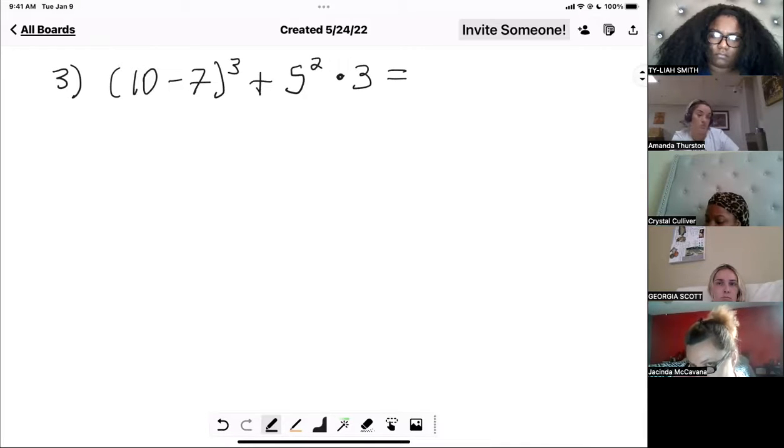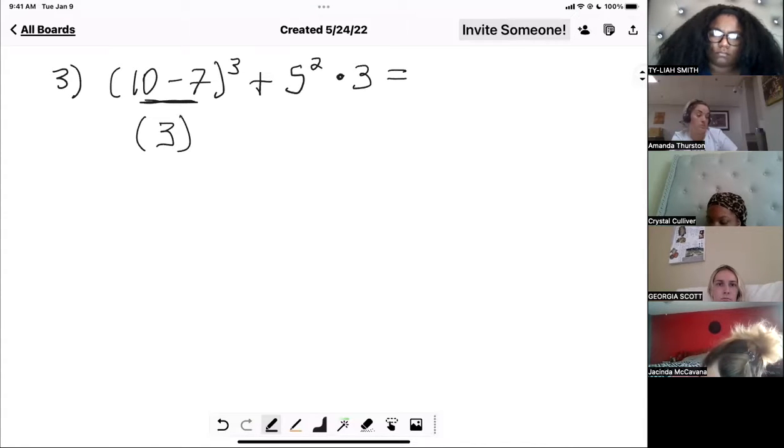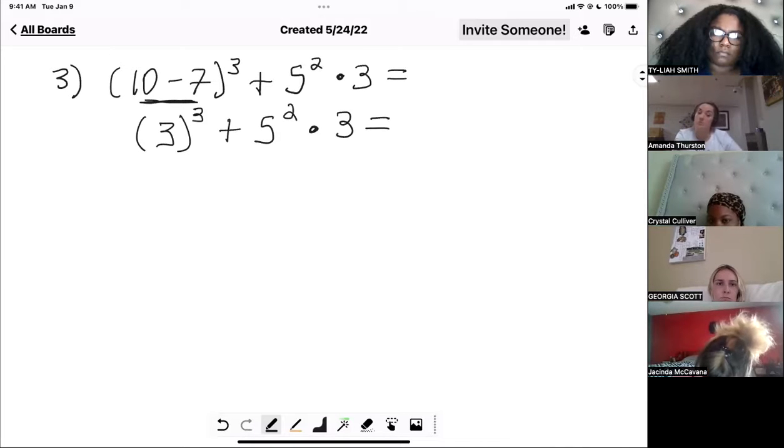I think I have everything in this one. So first, PEMDAS, parentheses. So we got to simplify that first. That would be 10 minus 7 is 3 to the 3rd power plus 5 squared times 3. Okay, parentheses done. Now exponents. I actually have 2 exponents.